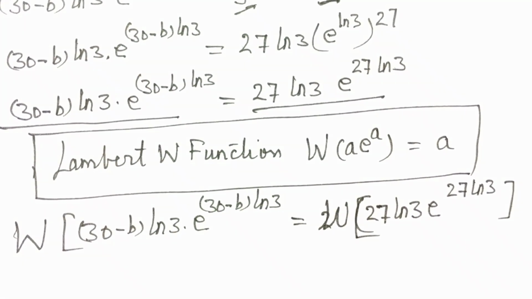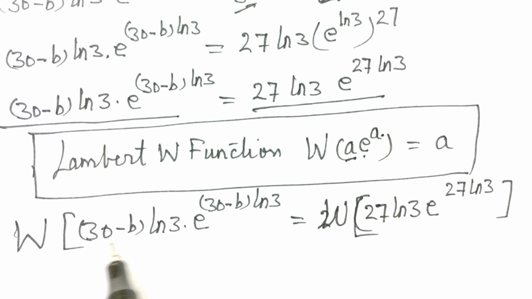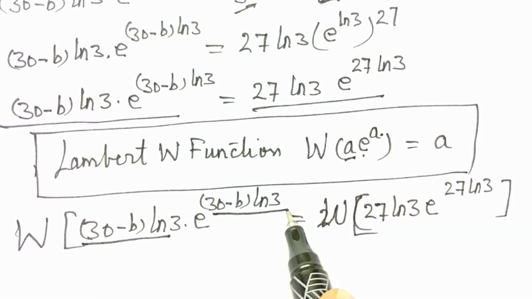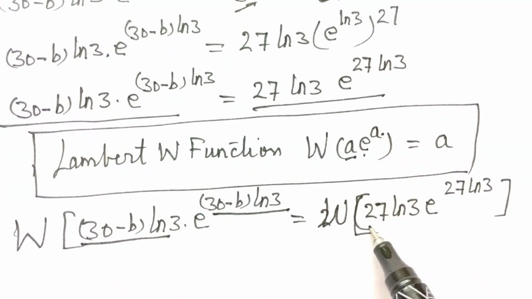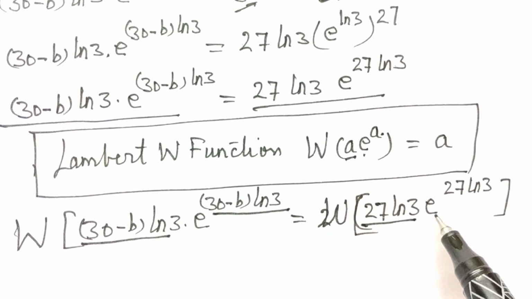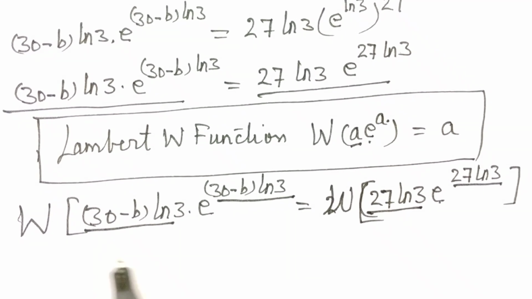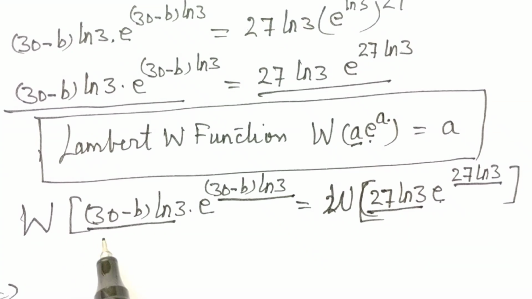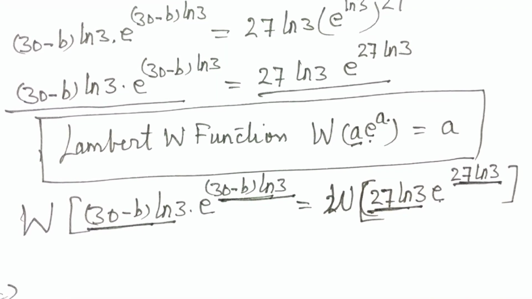Right? Now a e to the power a, here a e to the power a, and same way a e to the power a. Right? So we can write here this part a, and here a. Right?